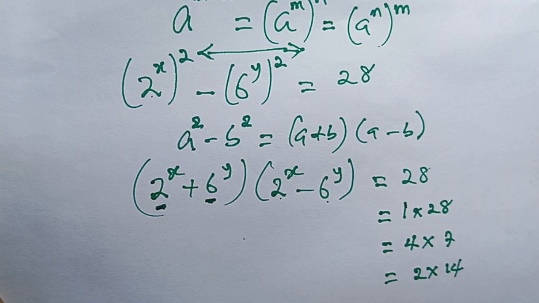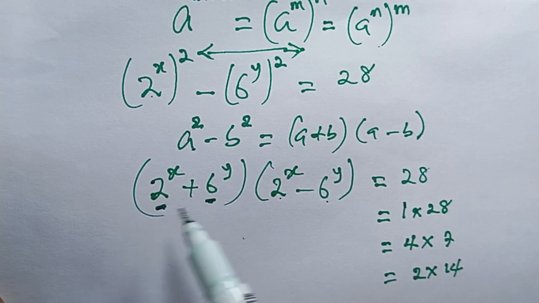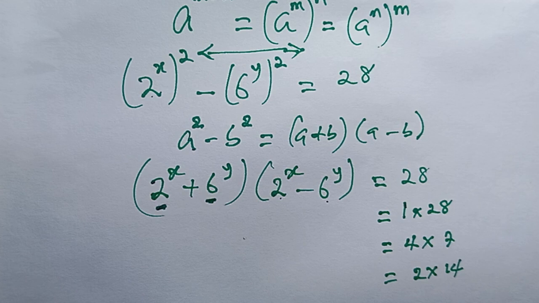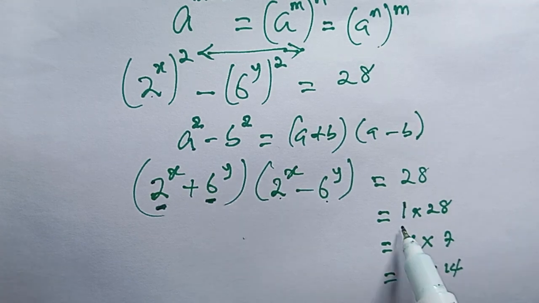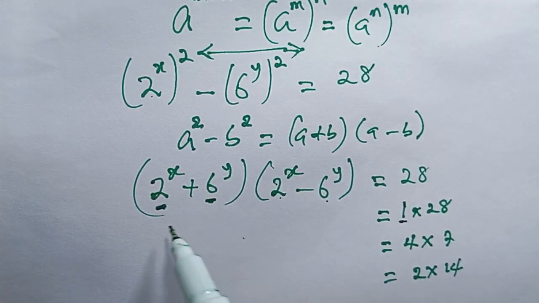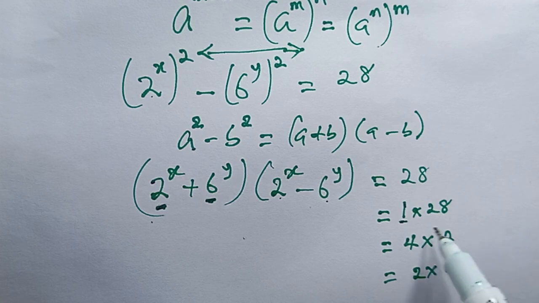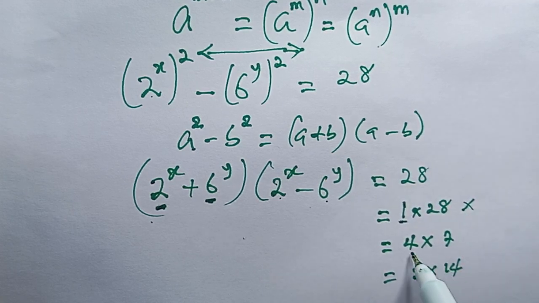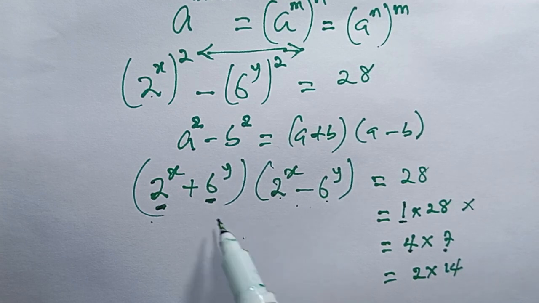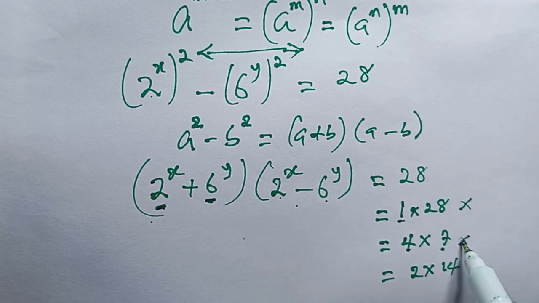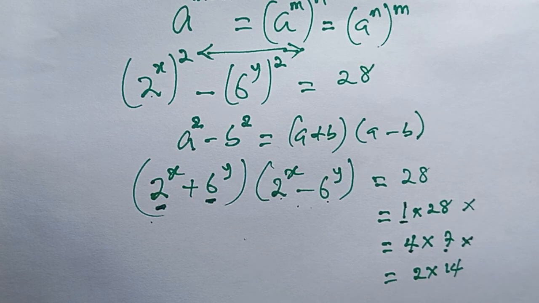So basically we are looking at which of these terms right here will appropriately represent what we have at the left hand side. And of course you can see that 1 is not an even number, so the product of these 2 terms cannot be equal to this. And then if you also look at this, 4 is an even number but 7 is not an even number, so none of these terms right here can be equal to 7, so this cannot be the solution.